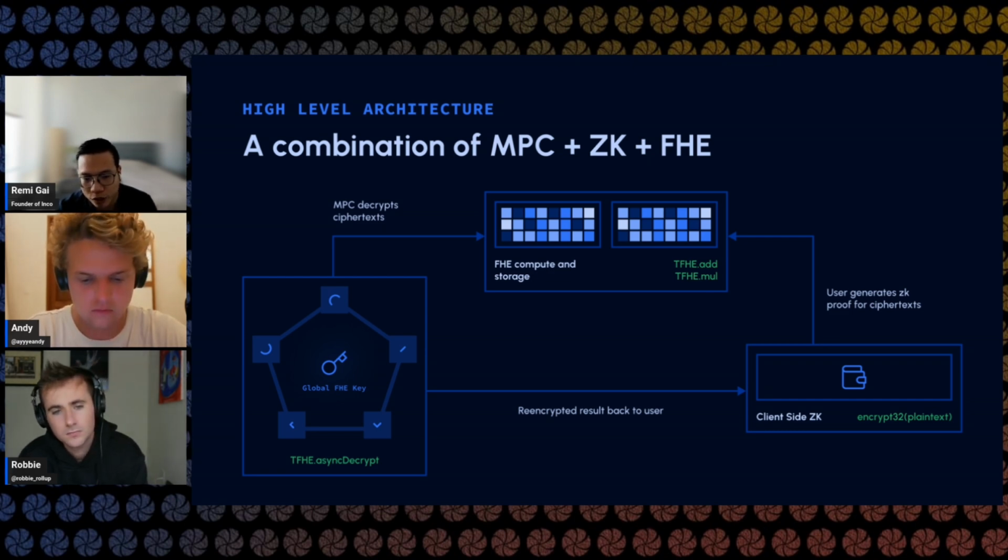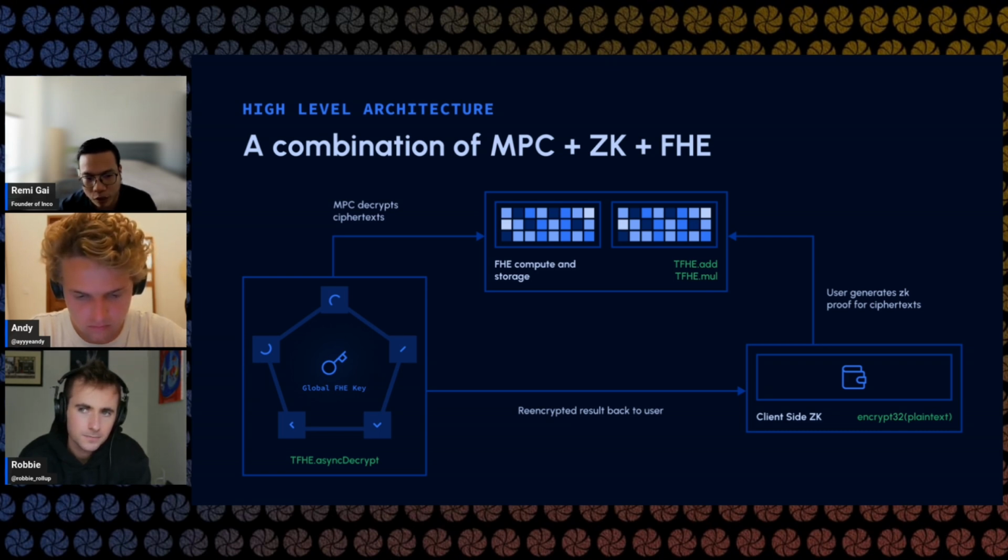For decryption, we utilize MPC. The benefit of this is that in MPC, essentially, the private key never existed. Typically, you would generate this through a distributed key generation system where every single node operator only has a fragment of it, a key share.